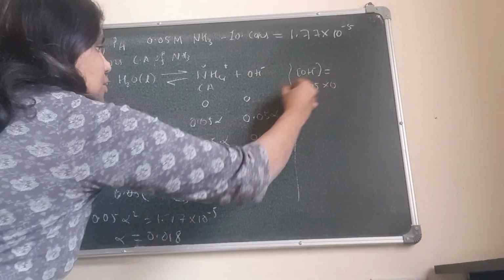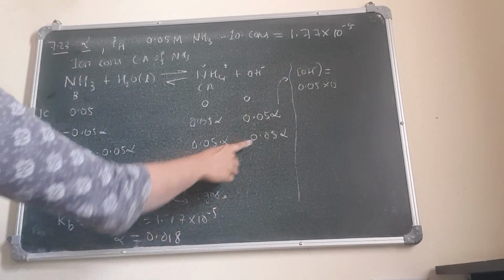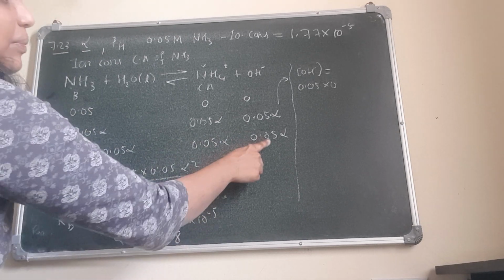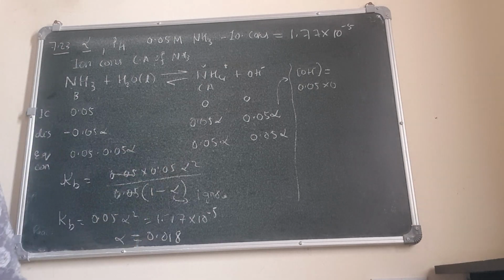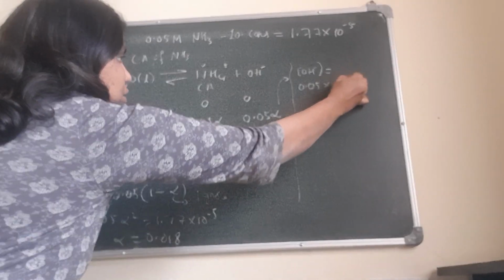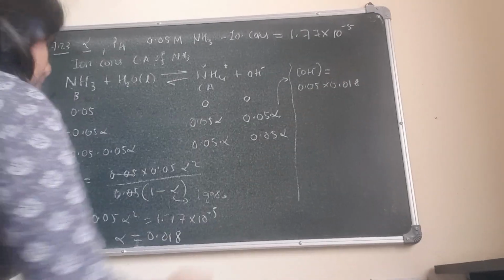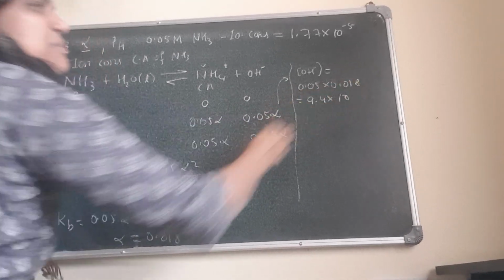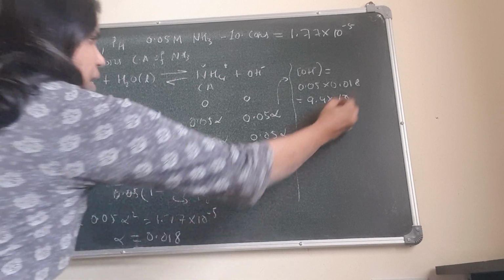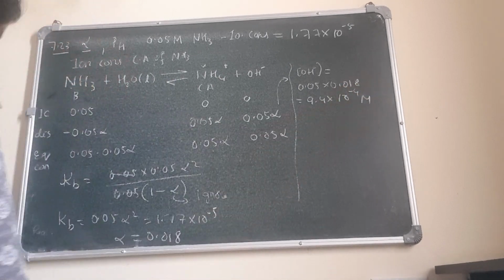From the reaction I get to know that at equilibrium I am having 0.05 alpha moles of hydroxyl ions. So I'm just substituting here, and what I get is 9.4 into 10 power minus 4 molar.